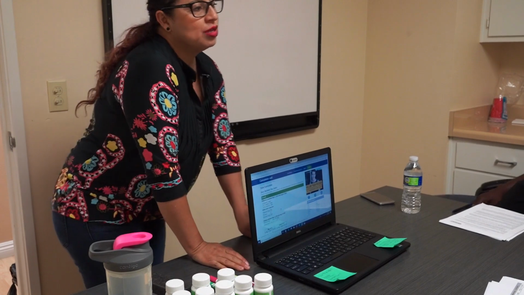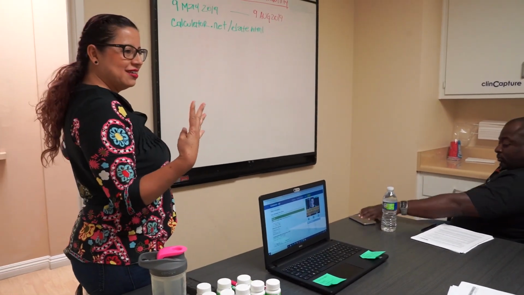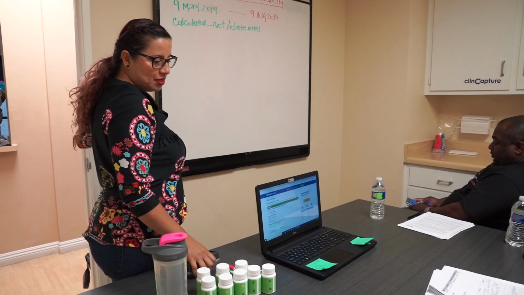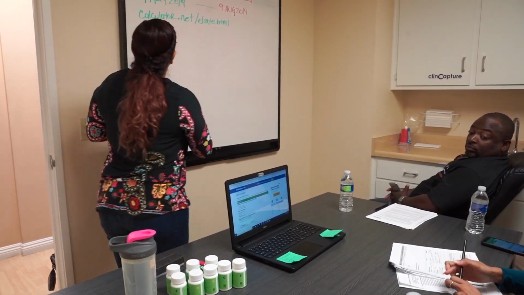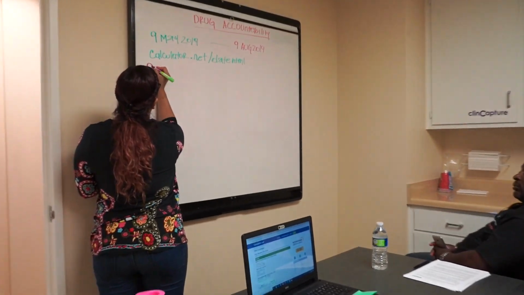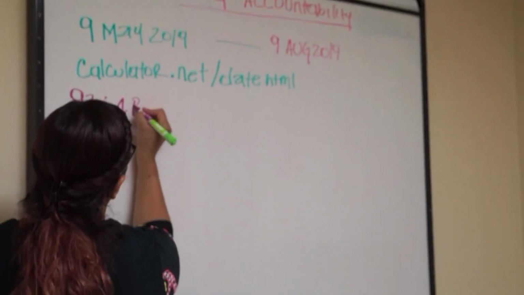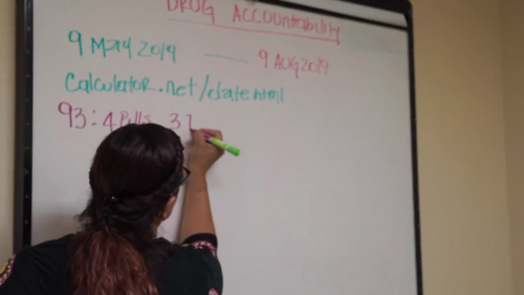So if it's 93 days and the patient is using 4 pills, how many pills should the patient have taken for the entire 93 days? 2 in the morning and 2 at night, 372. Okay, so it will be 93 days times 4 pills, 372.